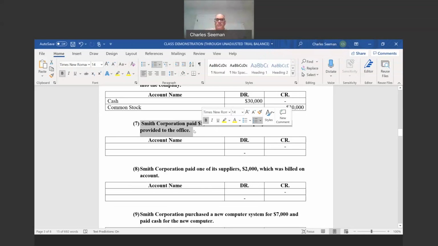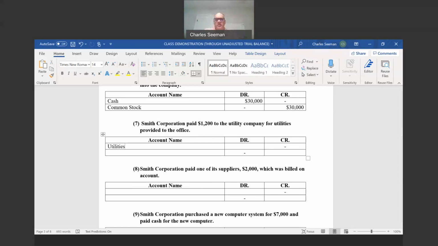So now it's utility, now things by increase or debit utilities expense. Pay them account. Cash is an asset. Assets are left in the equation. When I reduce an asset, it's a credit. Assets are debit to increase and credit to decrease.